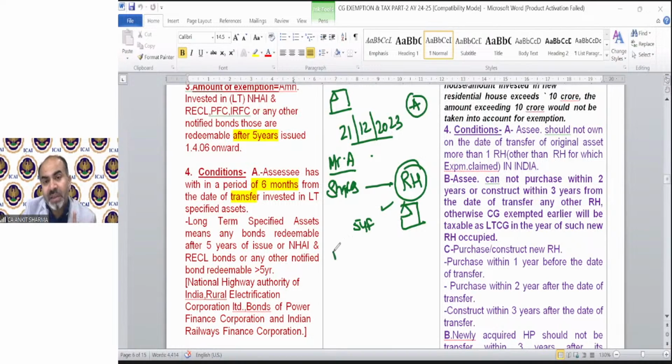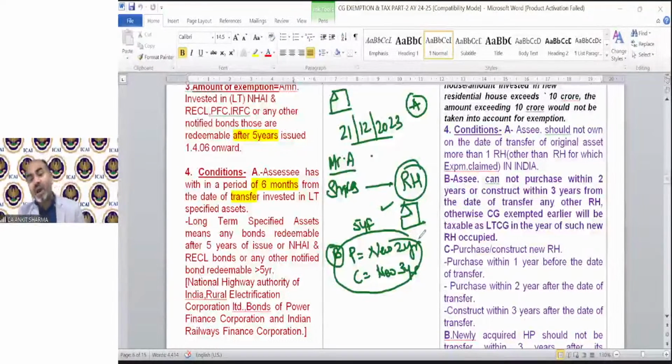Now condition B says that once you have claimed the exemption, you cannot purchase any new residential house for the next 2 years from the date of transfer, and you cannot construct a new residential house up to 3 years from the date of transfer.